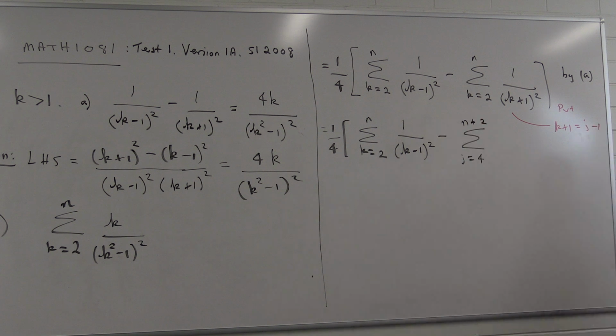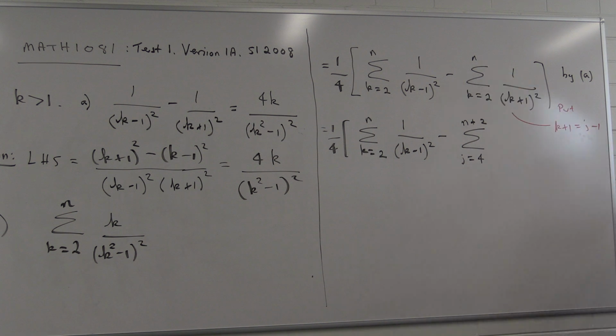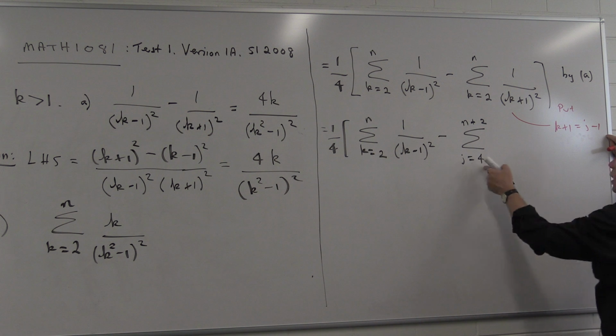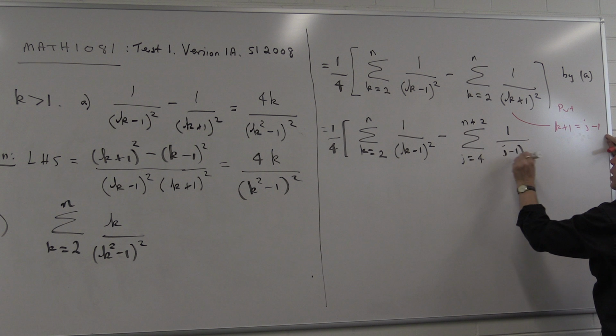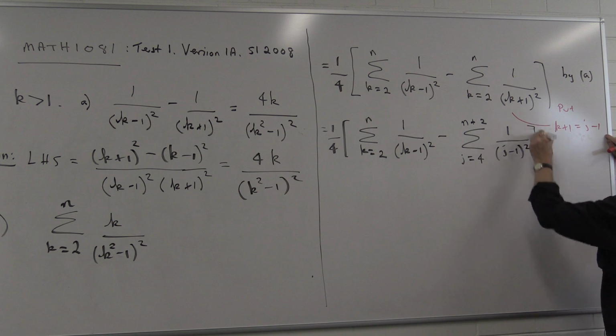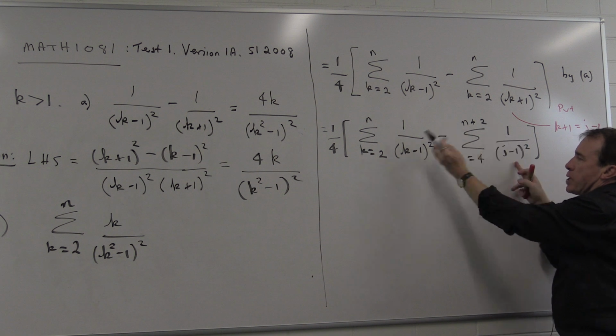So when you change the dummy variable here, you must change the endpoints as well. So the n becomes n plus 2, j goes from 4, and this becomes 1 over j minus 1 all squared, close bracket. So these now are looking the same shape.